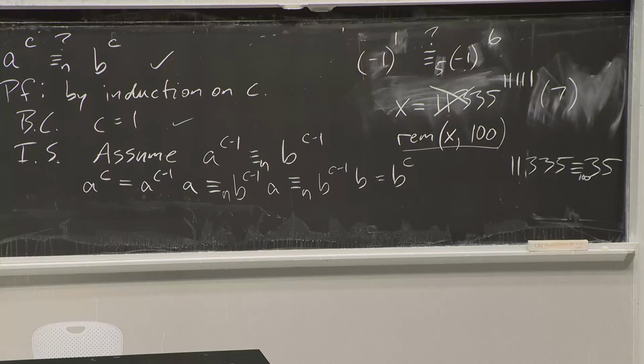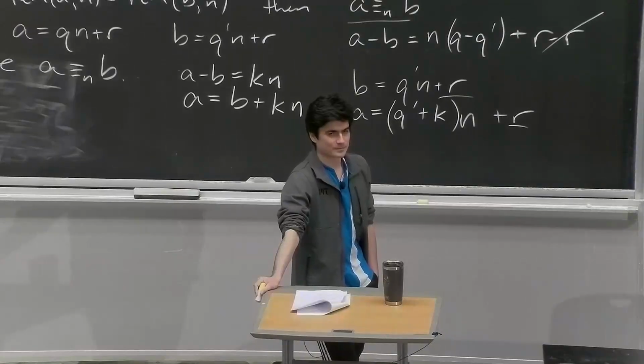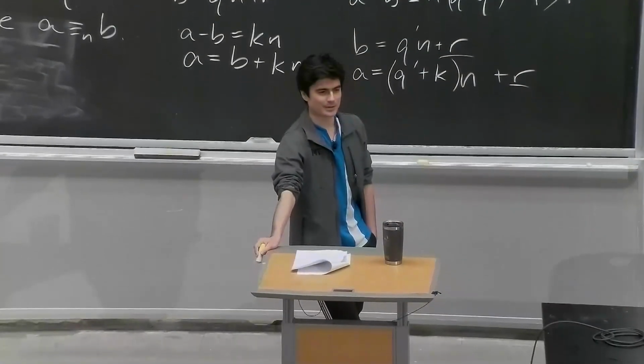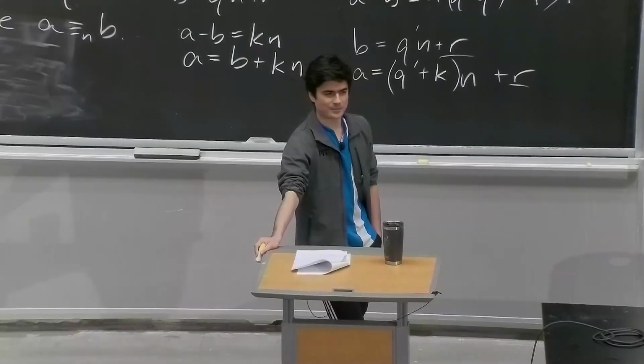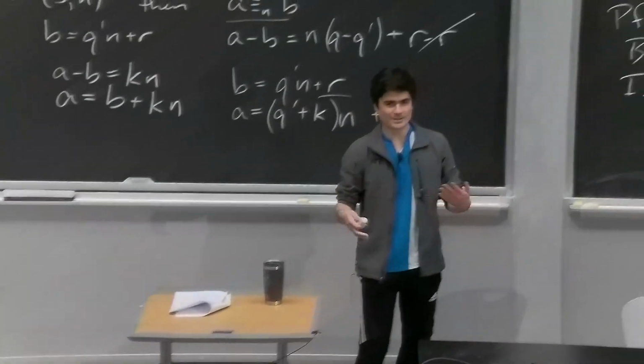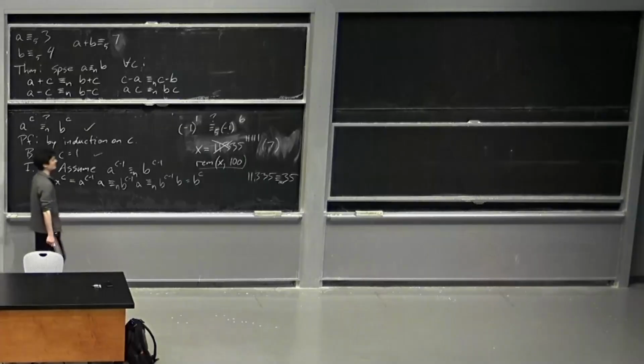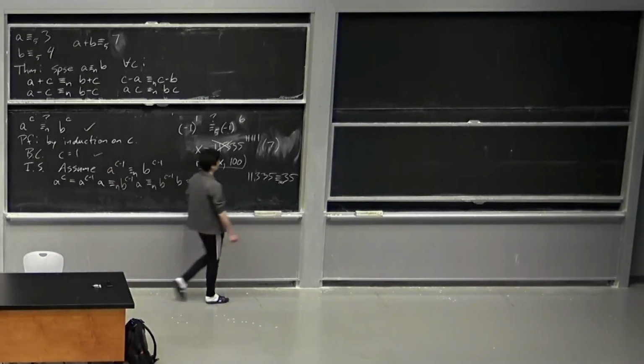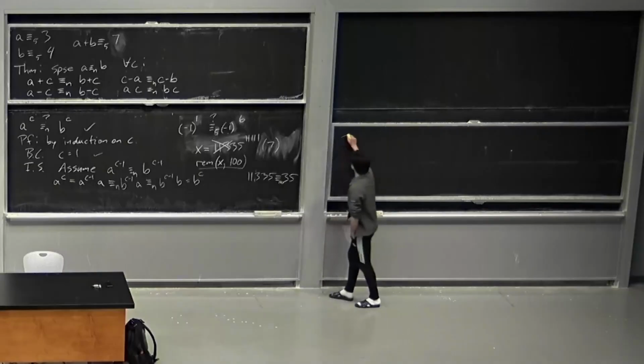Now, what do we do about 35 to the 11,111? We don't really know how to do anything with exponents, right? So let's just try to start exponentiating it and see what happens.